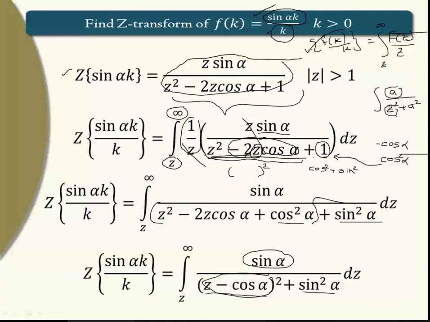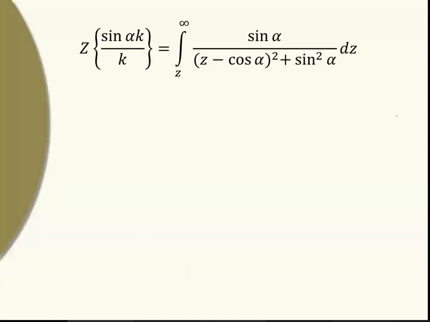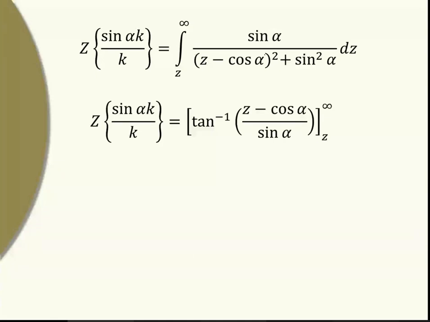So by using the standard formula, it will be tan inverse of z minus cos alpha divided by sine alpha. We are using the corresponding terms, with limits from z to infinity.